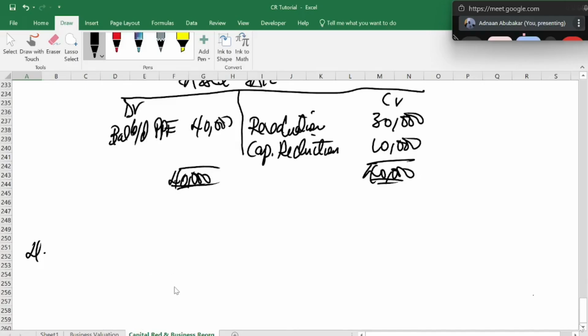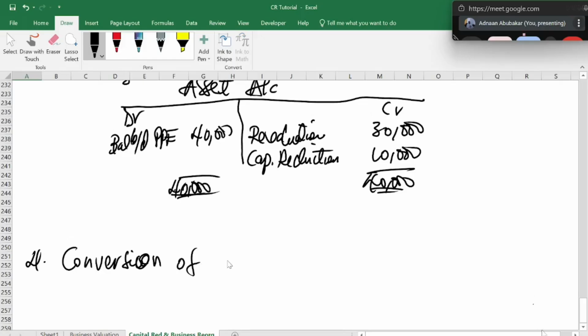Then you pick another, the fourth one. We also have maybe conversion of loans or debentures into shares.